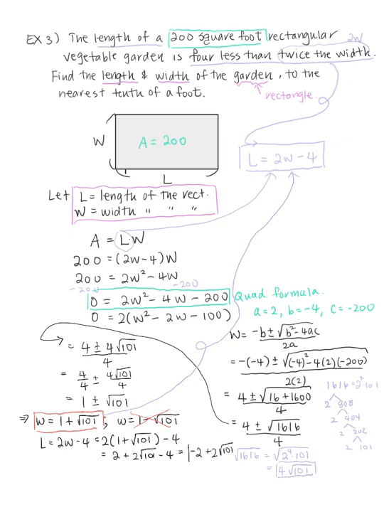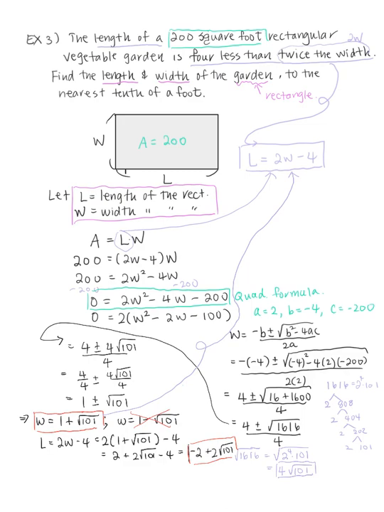So let me just box that in red. Okay, so don't freak out because there's a negative 2 in the front of it, because look, the square root of 101 is almost equivalent to the square root of 100, which is going to be 10. So pretend we've got the square root of 100. Then you're going to have negative 2 plus 2 times the square root of 100, which is 10.